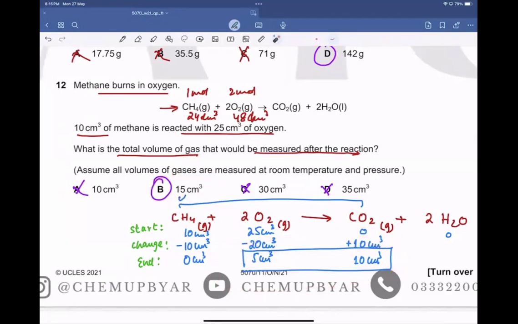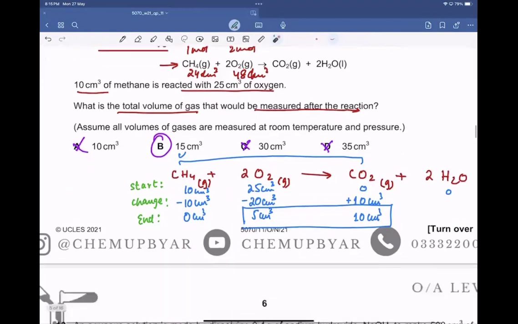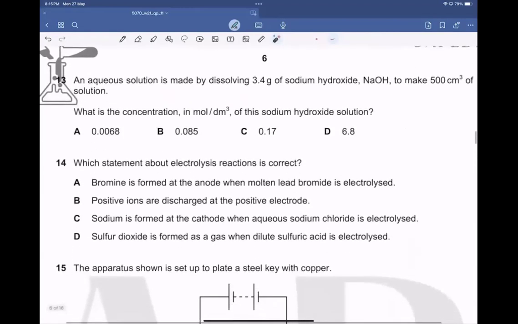Is this clear? Yeah, because 5 cm³ of oxygen is left. So the amount of gas formed and the amount of gas left both are added to get the total volume of the gas. Okay.